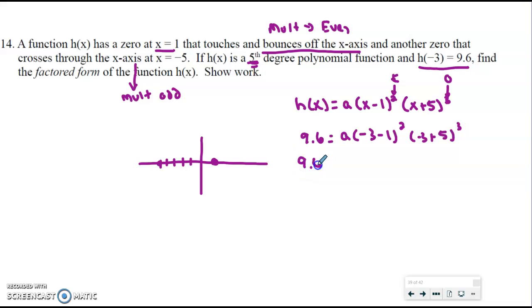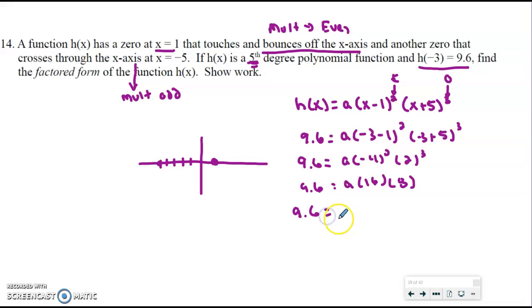So I end up with 9.6 equals a times -4 to the second, times 2 to the third. So I got a times 16, and then times 8 is going to equal 9.6. If I take 16 times 8, I get 128. So I got 9.6 equals a times 128.